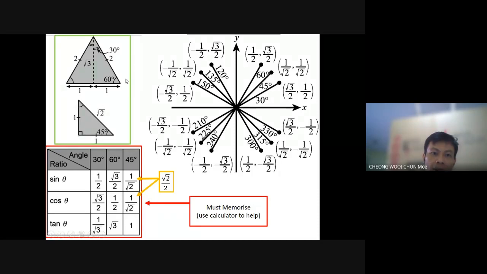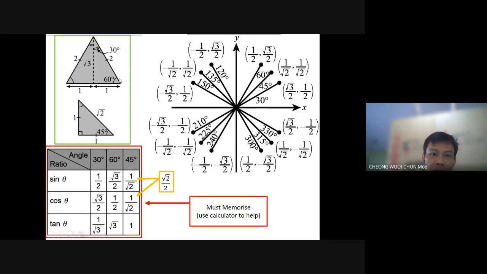For this one also the same. Let's say this is 90, and this is 60, so the remainder will be 30, because 30 plus 60 is 90, 90 plus 90 is 180.